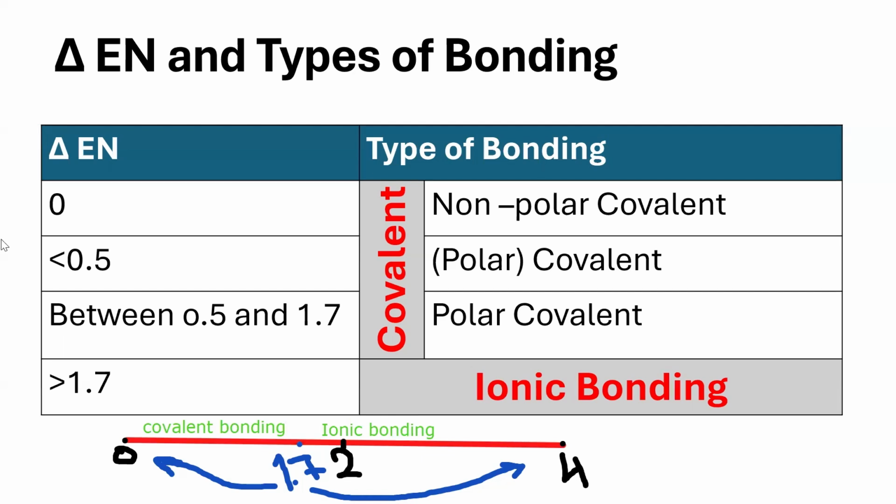At 0.5 is a critical point between polar and nonpolar covalent bond. So 0 is pure covalent.